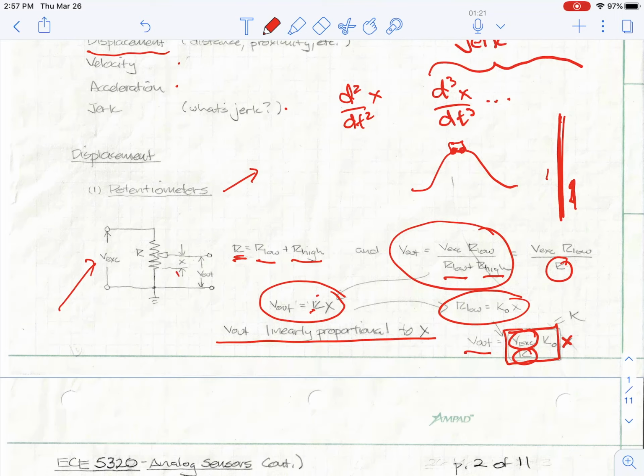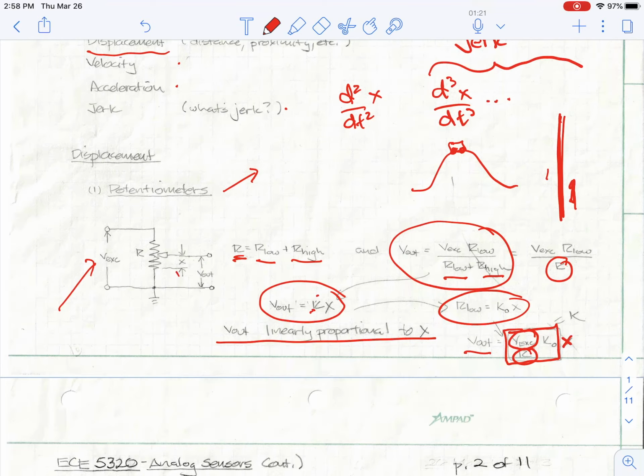If it changes, X will change. I've got to have R be a constant. If it changes, R will change. So I either have to make an effort to make sure the excitation voltage is maintained at a constant enough value so that it doesn't change, or I have to make sure that R stays the same.